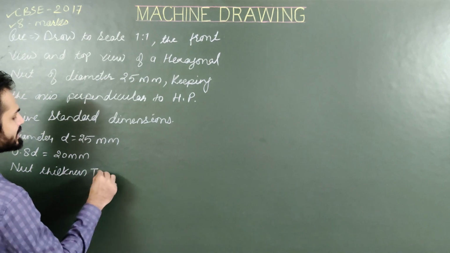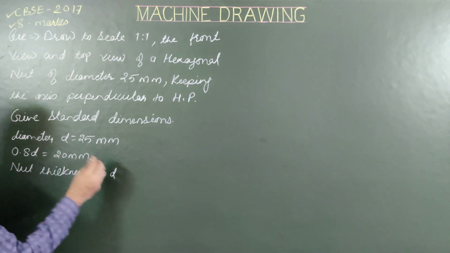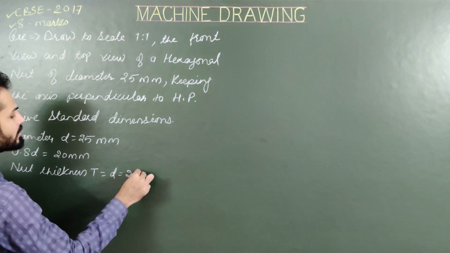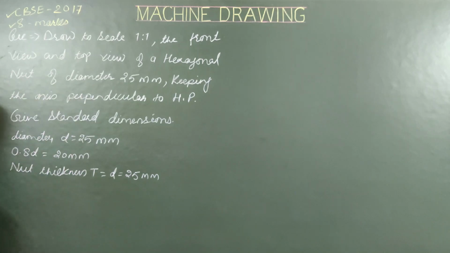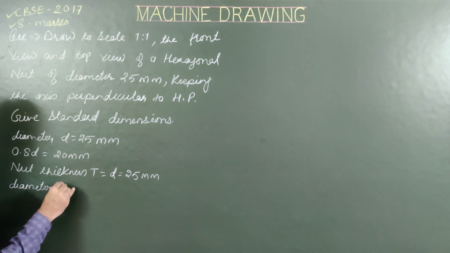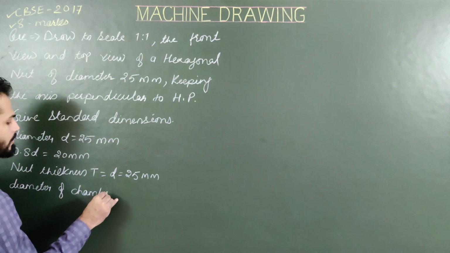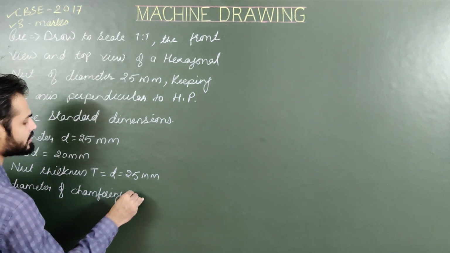So nut thickness, capital T is equal to D, small d equals 25 mm. Then next is diameter of chamfering circle.